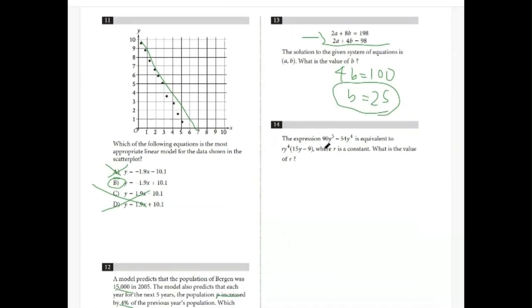The expression 90y to the power 5 minus 54y to the power 4 is equivalent to ry to the power 4, parenthesis 15y minus 9, parenthesis close, where r is a constant. What is the value of r? I can see that y to the power 4 can be pulled into the front like this.